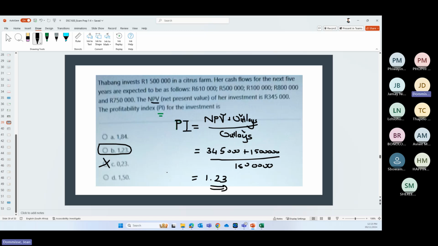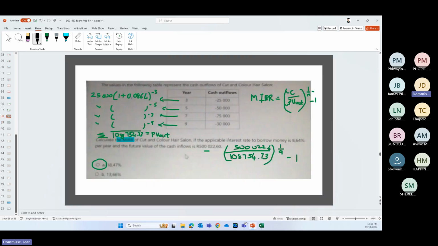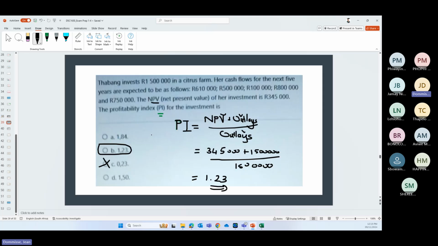Okay, so let's go to the next one. So on this chapter, we've done MIRR, we've done profitability index.